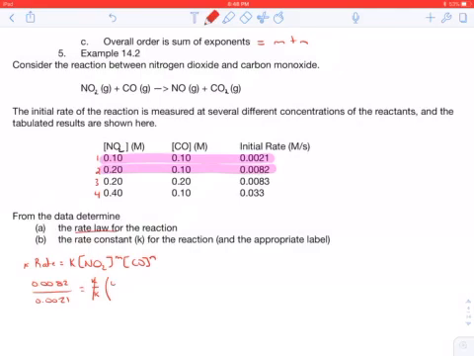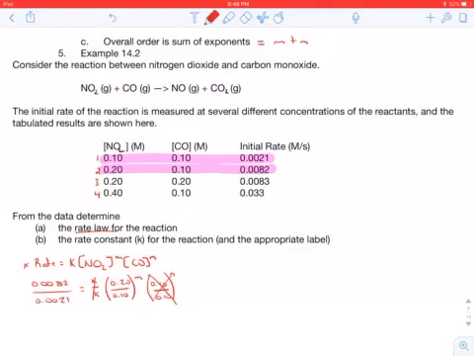Our concentration of NO2, we've got 0.20 over 0.10, and that's to the M power. We also put CO in there: 0.10 over 0.10 to the N power, but 0.1 over 0.1, which is 1 raised to any power, is still going to be 1, so we can eliminate that. We're now just looking at what happens to the rate when we change the concentration of NO2.